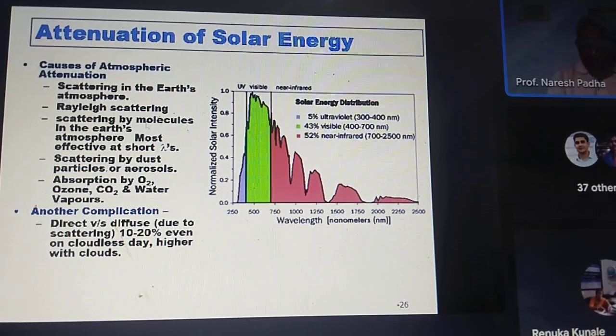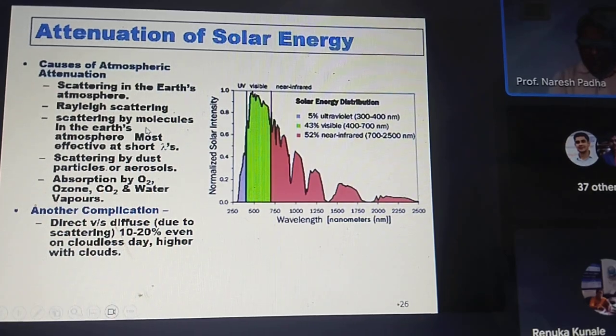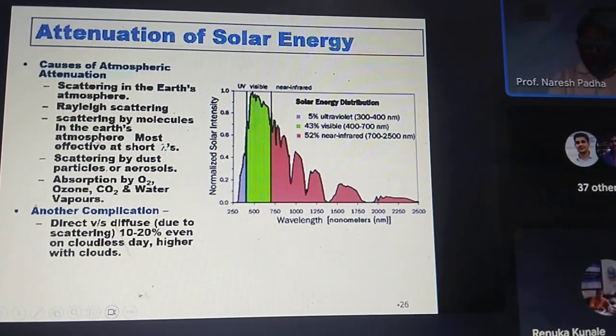And scattering due to interaction of light with molecules in the Earth's atmosphere is most effective if light having short wavelengths is involved.